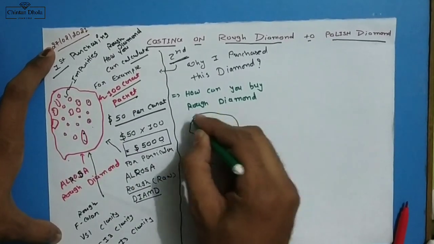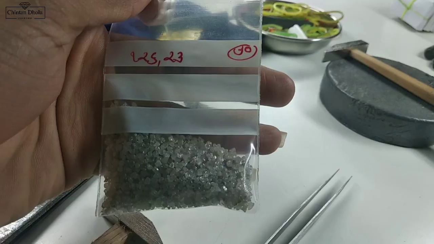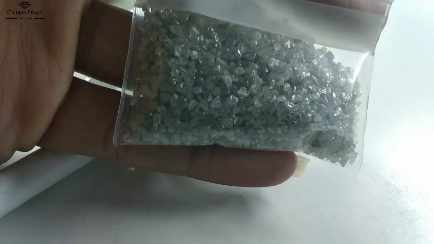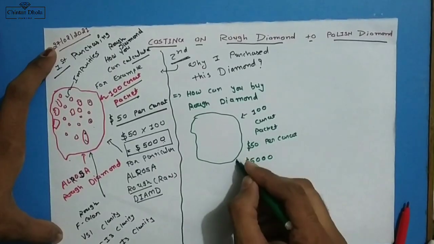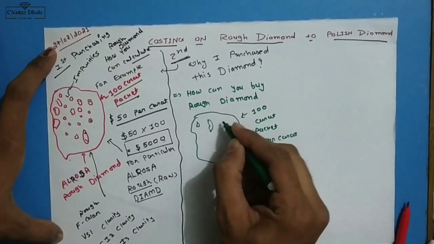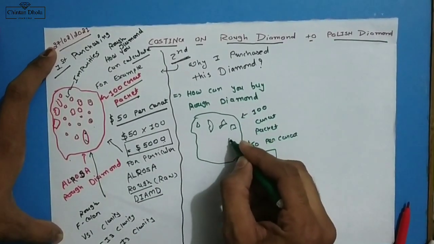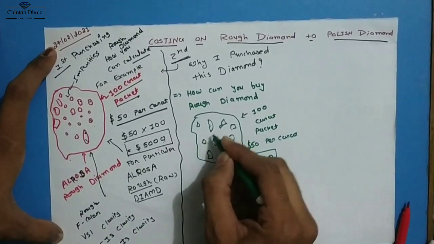The seller gives me a 100 carat packet, in which the price is $50 per carat. Now the total price from here is $5,000. We need to pay $5,000 for diamonds of different types, different shapes, or we can say uneven shapes.